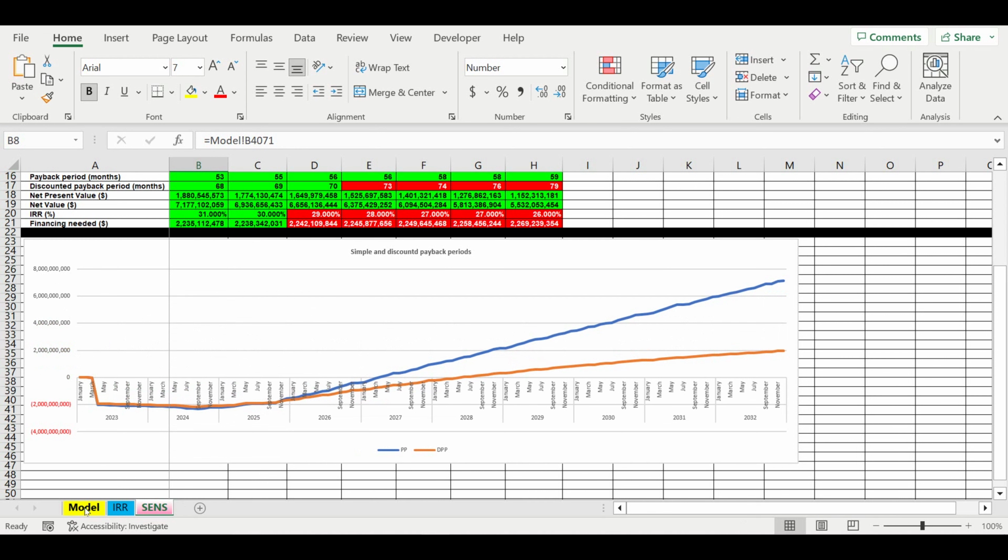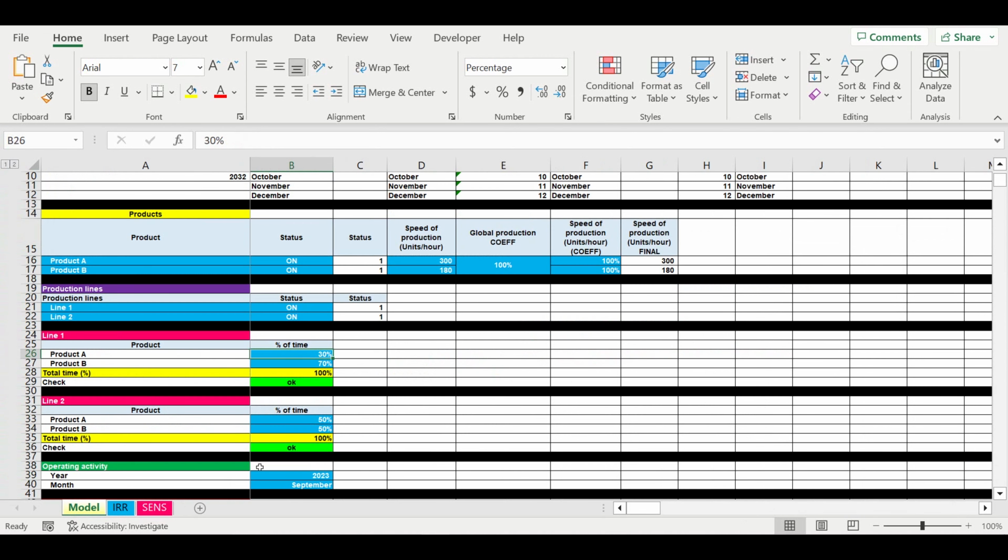And now we can, for example, say that in line 1 we will be using 50-50 time allocation, so 50% of the time producing product A and 50% of the time product B. But for line 2 we'll be producing product A 10% of the time and product B 90%.